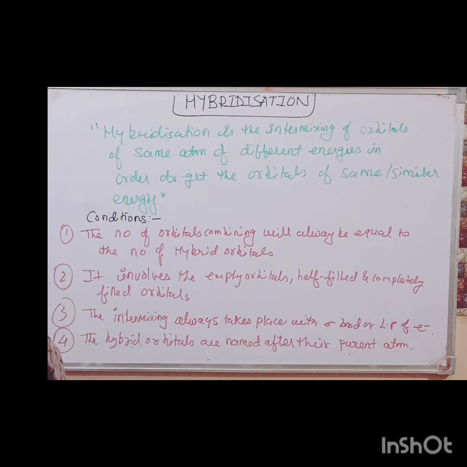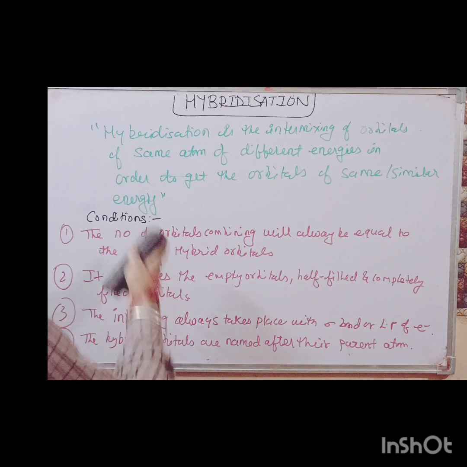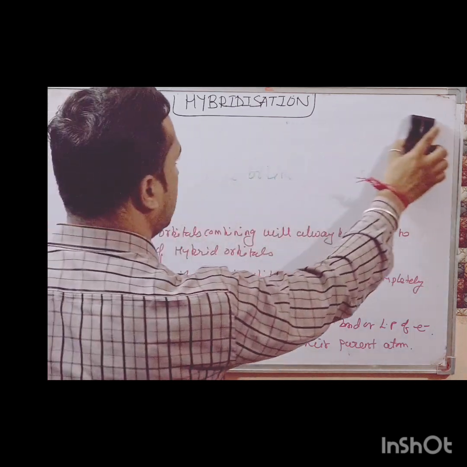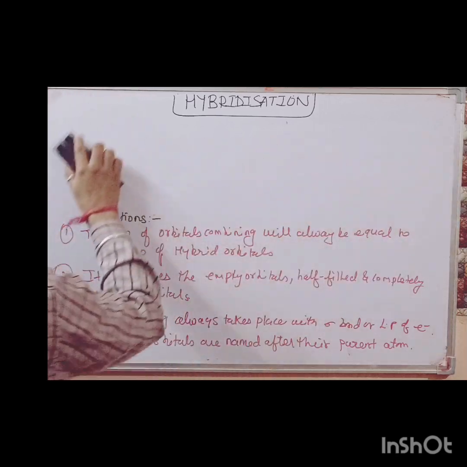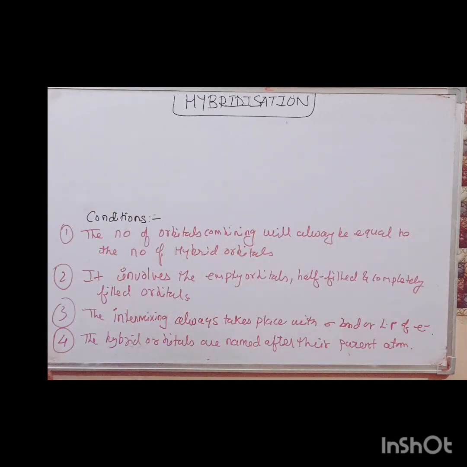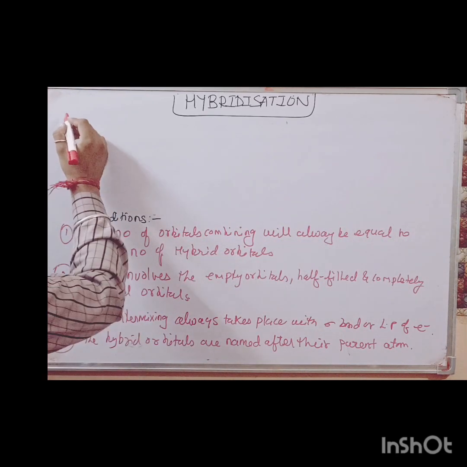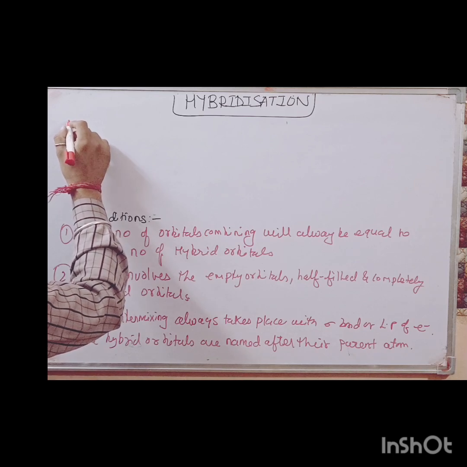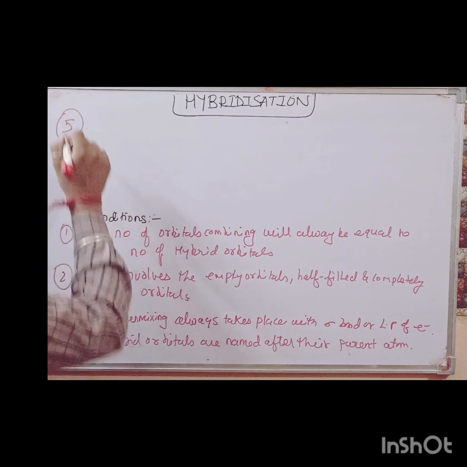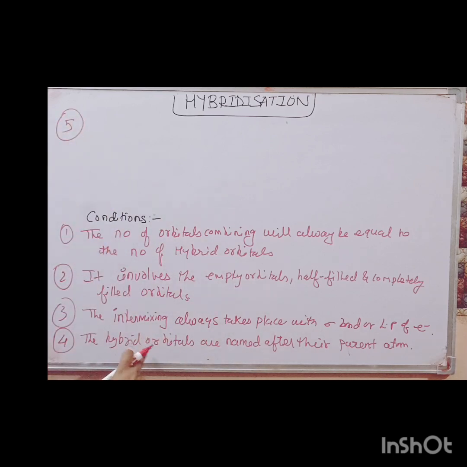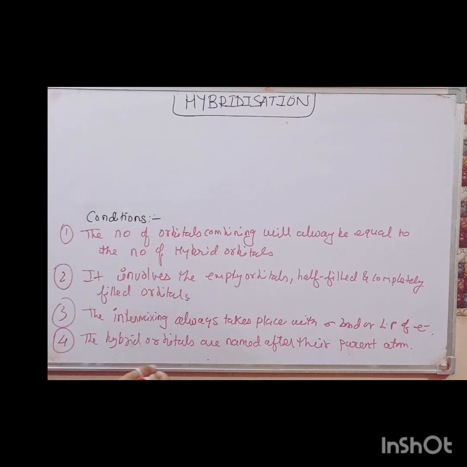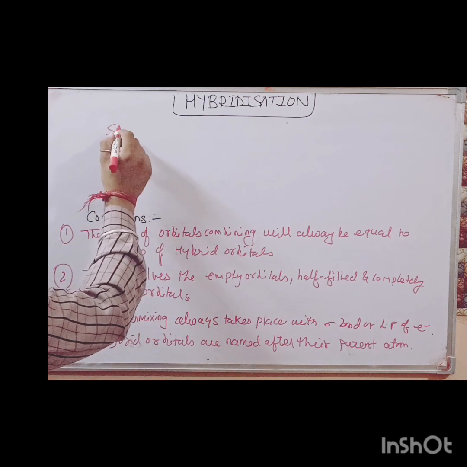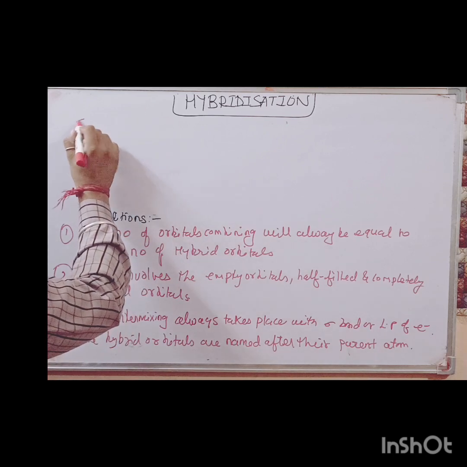The fifth one is, as I said, that hybrid orbitals are named after their parent atom. If s is the parent atom, we will discuss it later on.